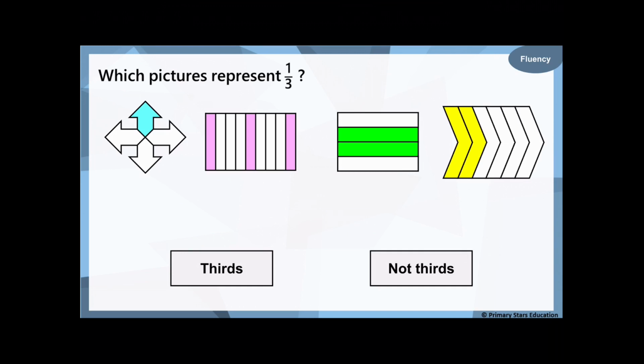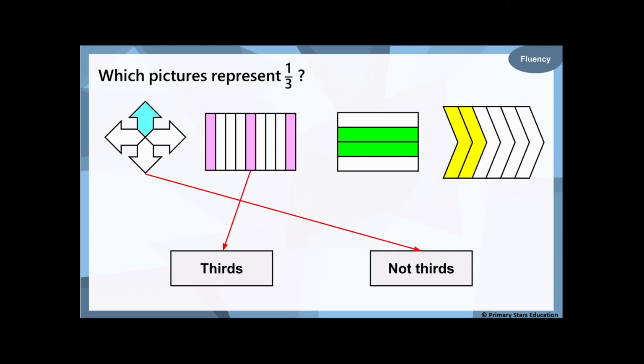The first shape doesn't show thirds. That shows 1/4. The next shape does show thirds. 3 of the 9 pieces have been shaded. Therefore 1/3 of the shape is pink.